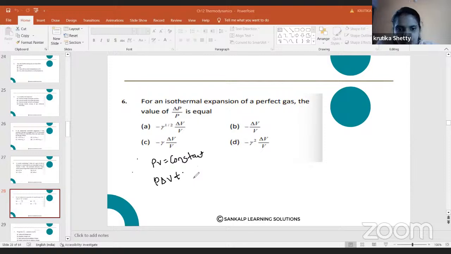Differentiation of constant means 0. So therefore, I'll just transfer the terms. P delta V is equal to minus V delta P. Therefore, delta P by P they are asking. That is nothing but delta P by P is equal to minus delta V by V. Option B is the correct one.